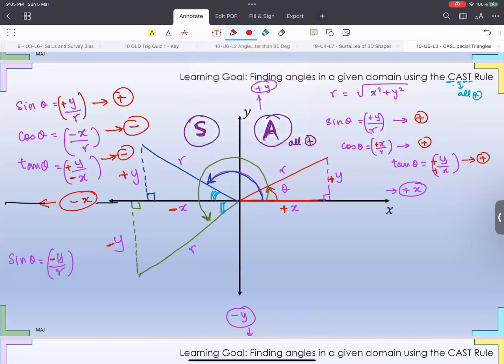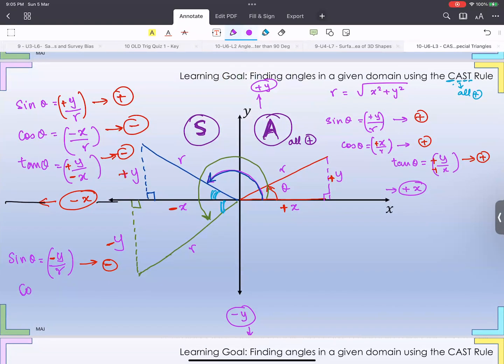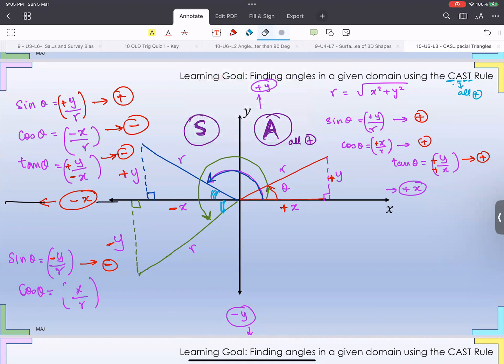That's going to be negative, right? What about cos theta? Cos theta is adjacent over hypotenuse. So instead of x over r, well, x is also negative, right? So I'm going to write negative x over r. So negative divided by positive is also going to be negative.